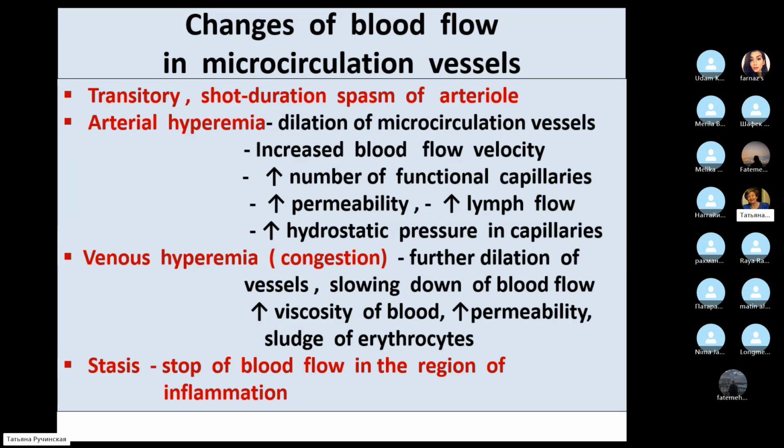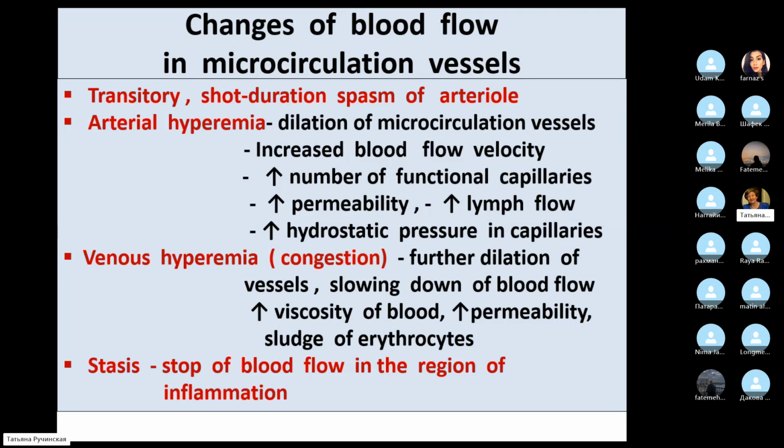Further, there will be venous hyperemia, or in another word, congestion. It will appear after some time period. There is a time period from arterial hyperemia to the appearance of venous hyperemia.